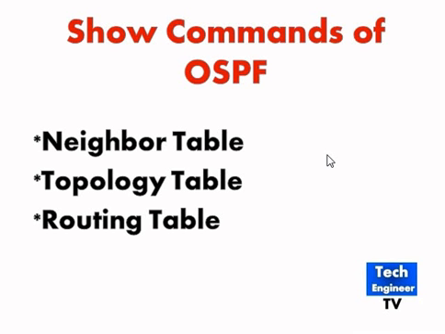The neighbor table will provide all the information about the neighbors and the relationship of the neighbors. The topology table describes the physicality of the network, how the network looks.